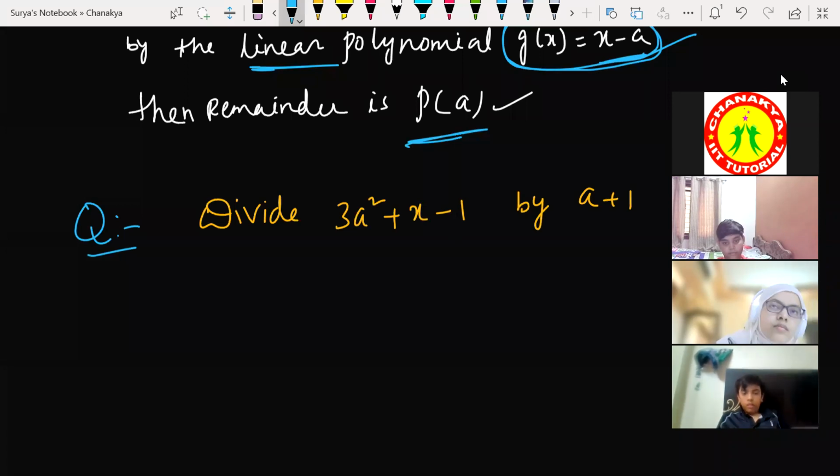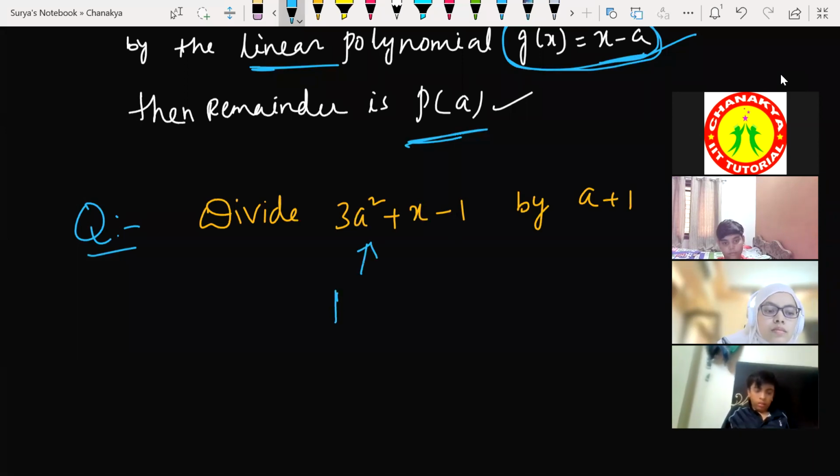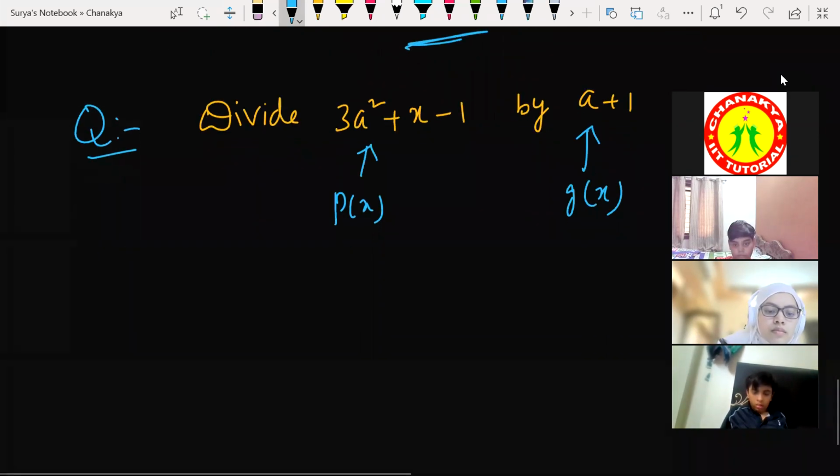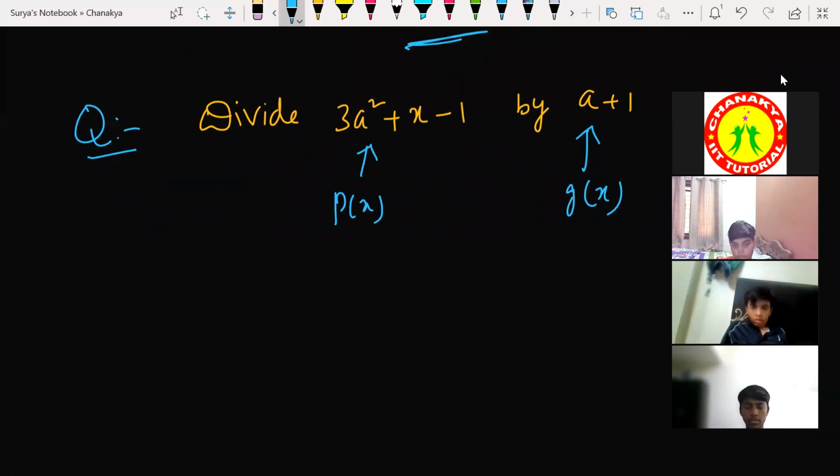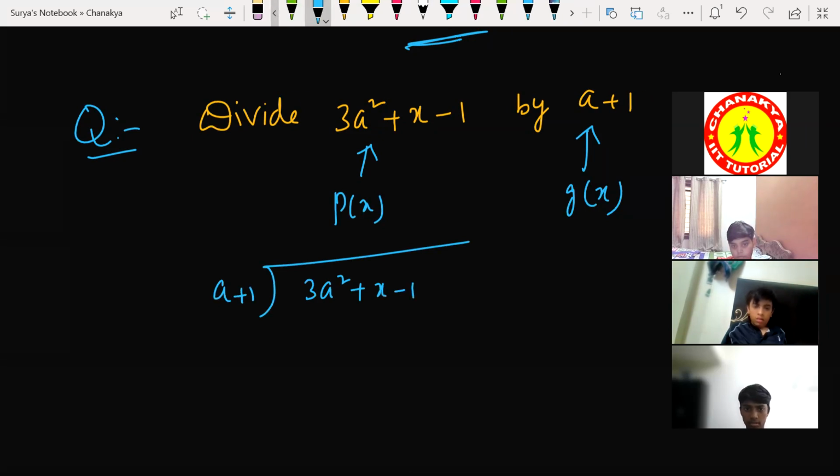How can I divide this? Let us consider this as my P of X, and this as G of X. I am supposed to divide this P of X by G of X using the long division method. Look at this here, a plus 1 into 3a square plus a minus 1. As simple as that, by using the long division method.